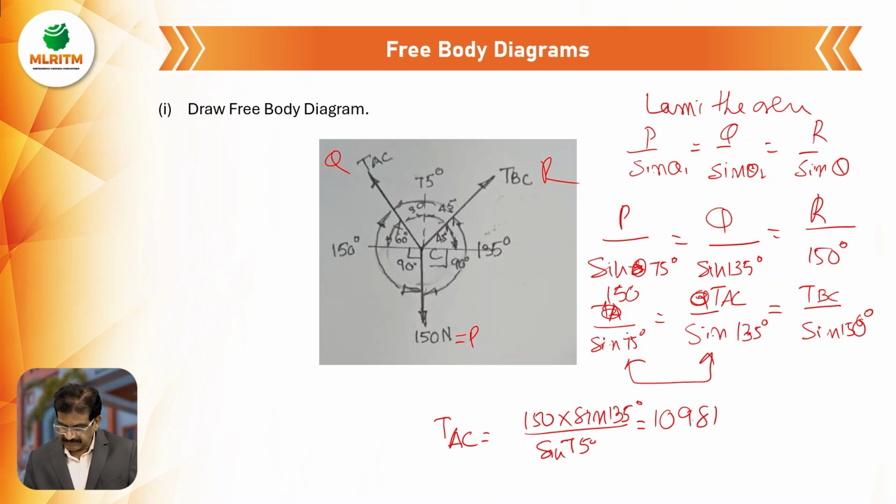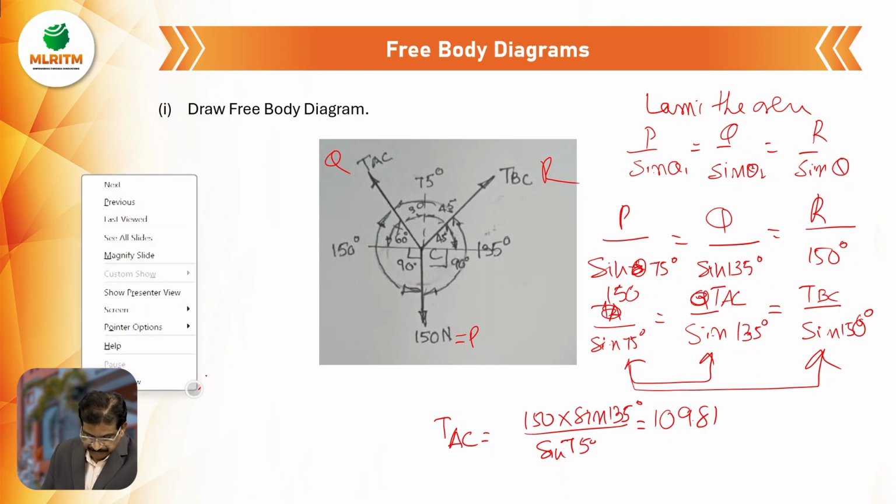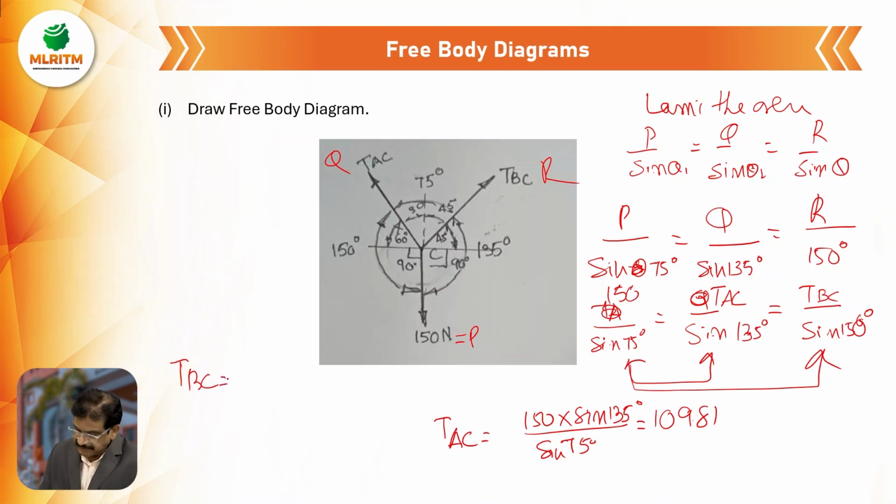Now I need TBC. Equating the two things, TBC is equal to 150 by sine 75 into sine 150 degrees.